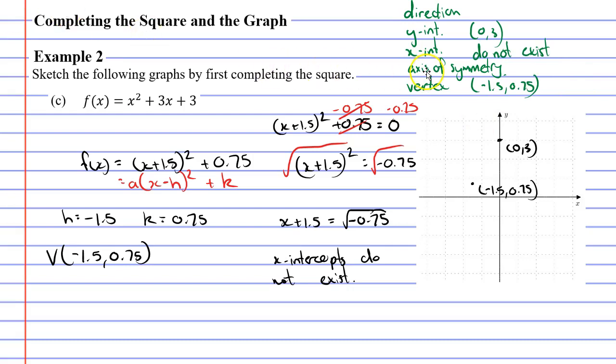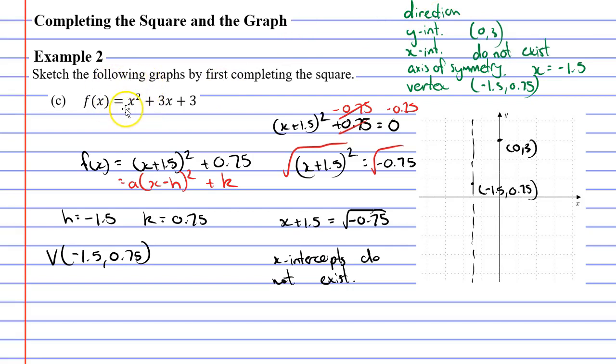Our axis of symmetry can be taken from the x value of our vertex, negative 1.5. So our axis of symmetry will be the equation x equals negative 1.5. When I draw the axis of symmetry on my graph, it will be a vertical dotted line passing through the vertex. And the other thing I can find here is the direction of my parabola.